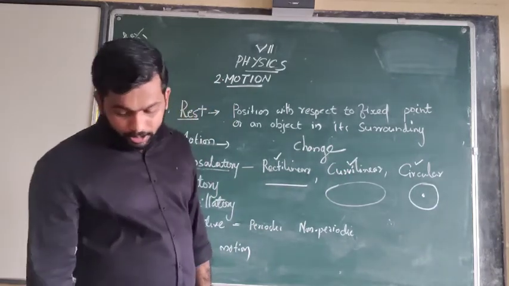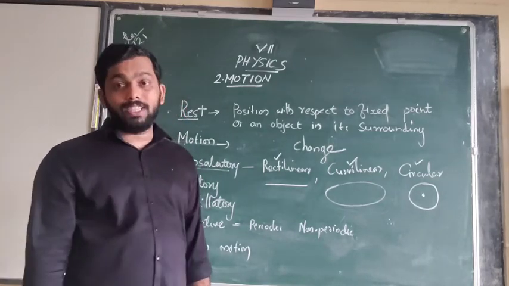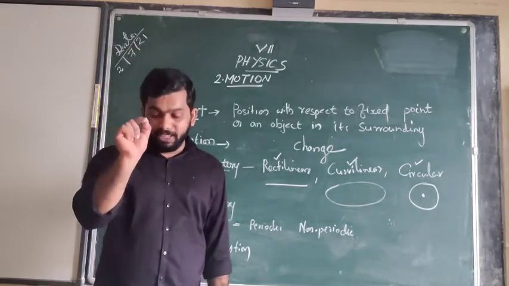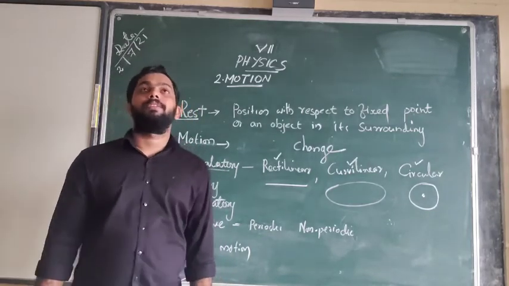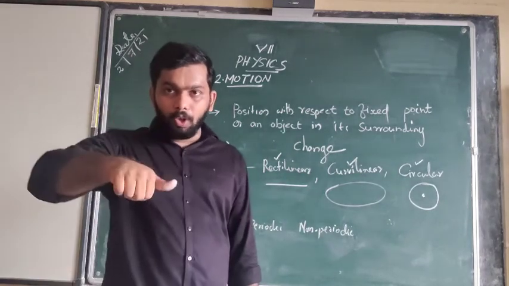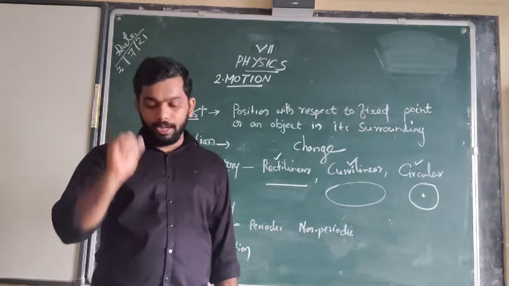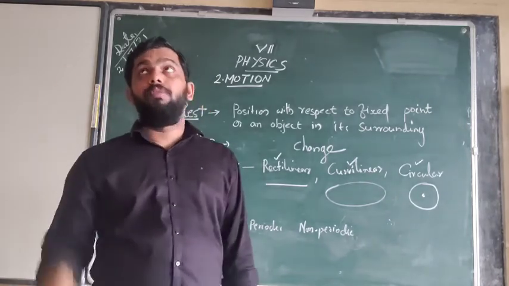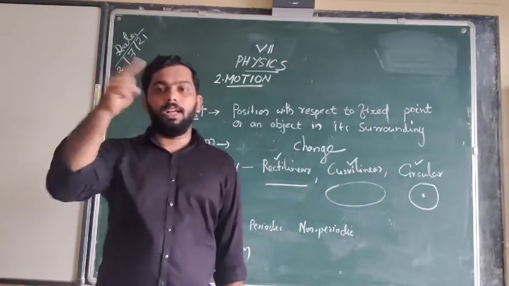The second type of motion is rotatory motion. When an object rotates or spins about a fixed axis, it is said to be rotatory motion. For example, a spinning top. When you spin a top, it is fixed on an axis and it rotates. That is rotatory motion. Another example is our ceiling fan, which is fixed on an axis and rotates around that axis.